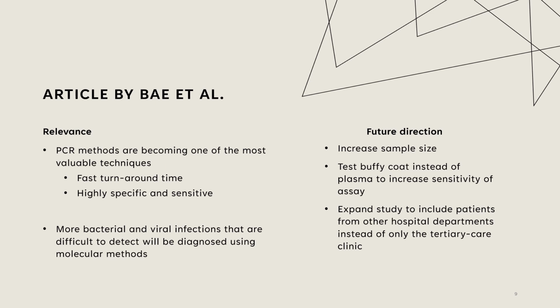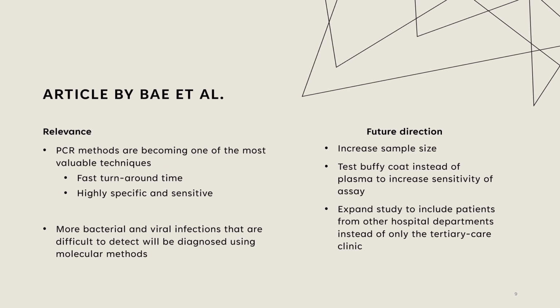They only enrolled 35 patients, which is a small sample size to be able to make any good conclusions for the PCR assay. They also suggested that next time they could test the buffy coat instead of the plasma, and this would help increase the sensitivity of their assay.